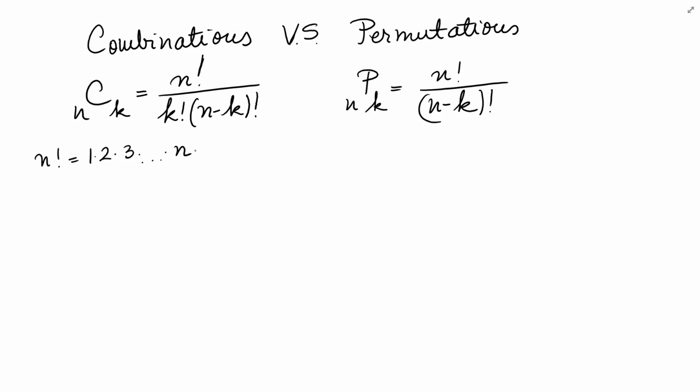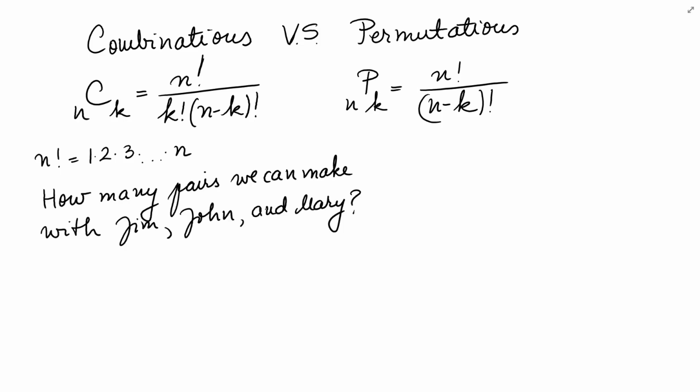Now the question is which one to use when. So let's think of this example. How many pairs can we make with Jim, John, and Mary? Because I chose just 3 people and pairs means 2, I can write all of them out. So Jim and John, it's one pair.